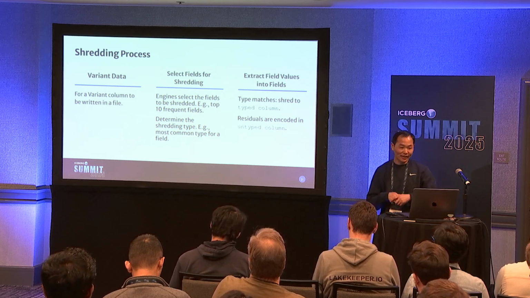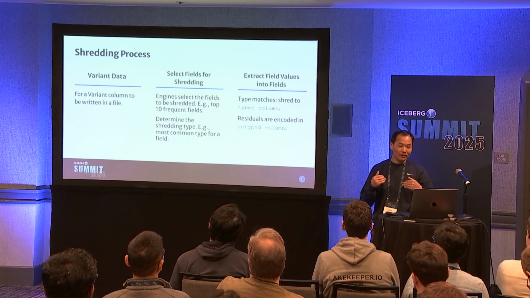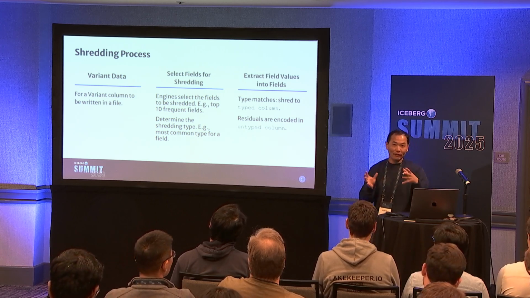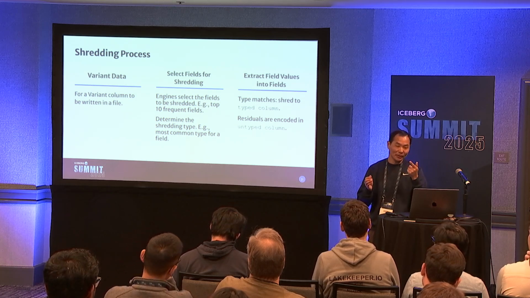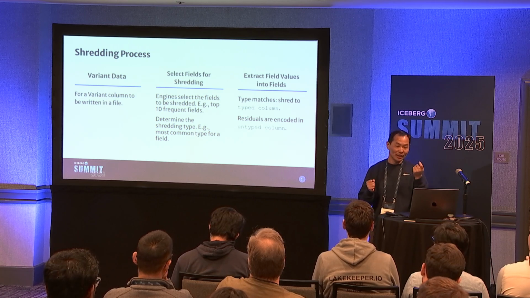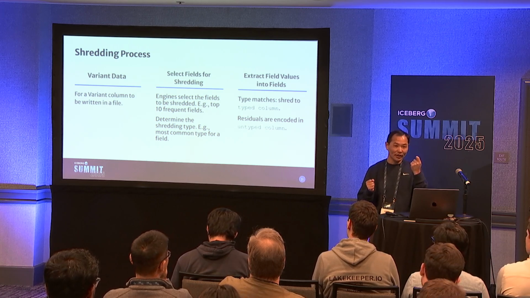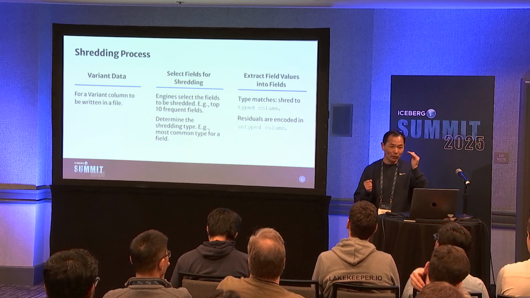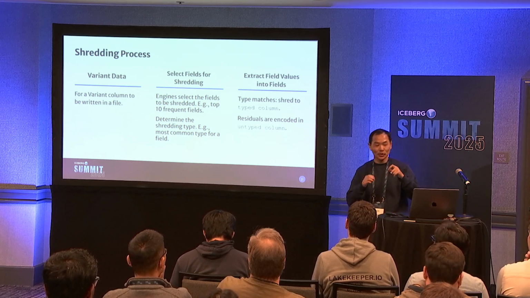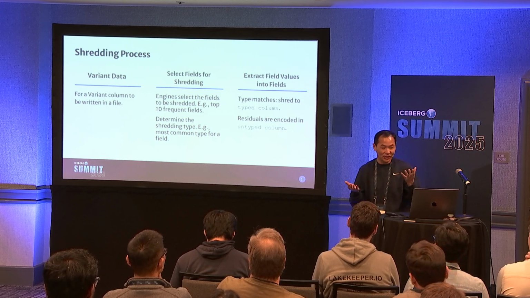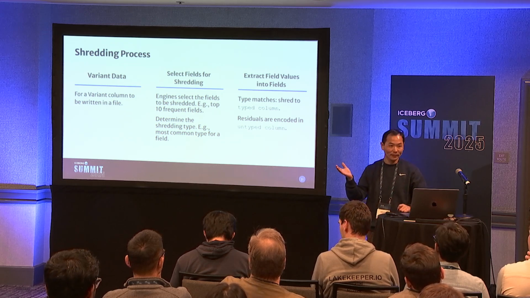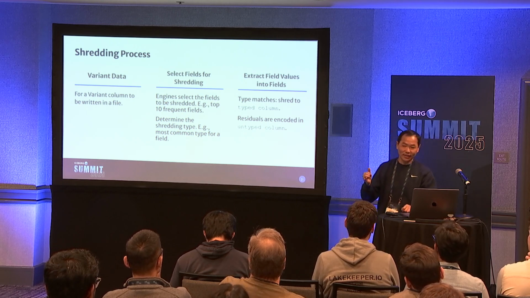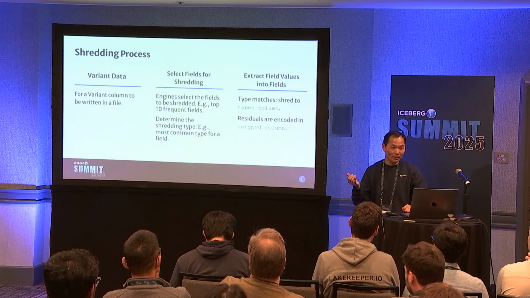And third, within a file, let's say event type may show up in one variant as a string, or in another as an integer, right? But we can only choose one shredding type, let's say string. Now, what about when it's an integer type?